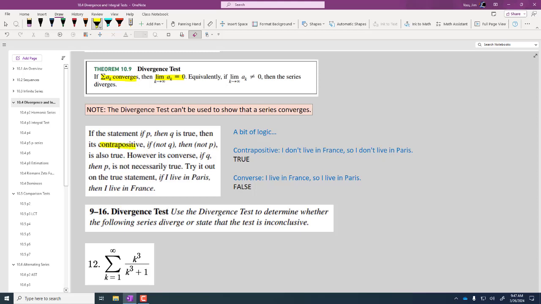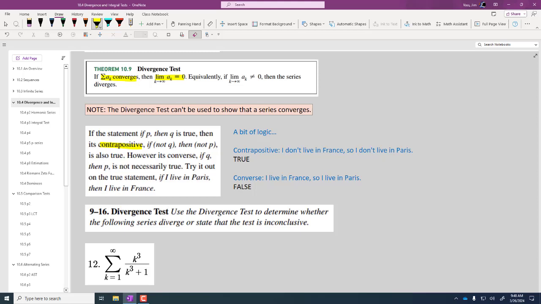If we think of this as P and Q, so if P, then Q, the contrapositive is equivalent, and it says not Q implies not P. So if P implies Q, the contrapositive, which is logically equivalent, says not Q implies not P. In other words, if the limit of a sub k is not 0, then the series must diverge.